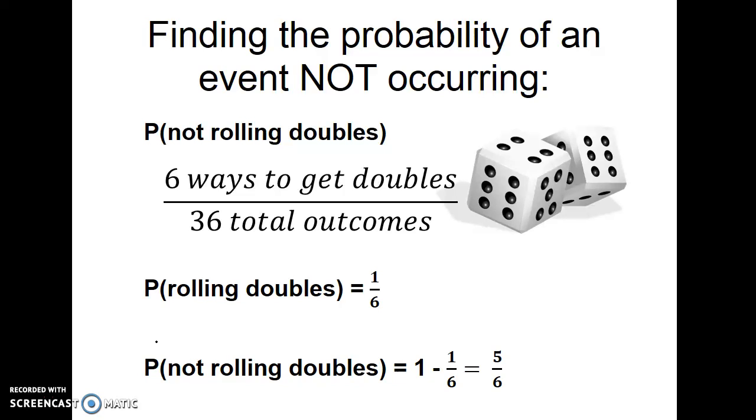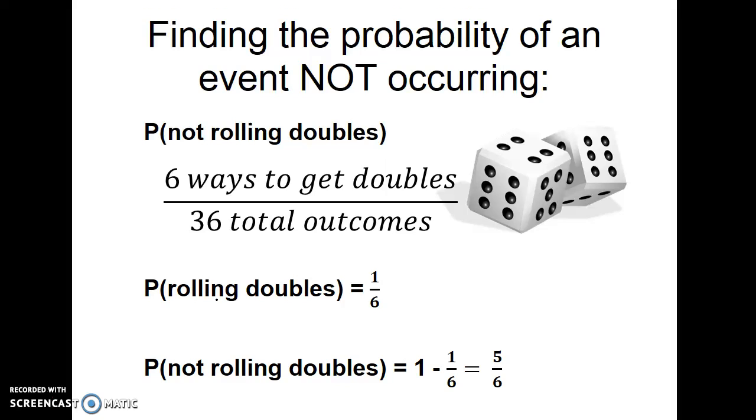So, in a nutshell, here is how you use the greatest probability to help you calculate the complement, so find the probability of an event not occurring. Let's say, for example, what's the probability of not rolling doubles? Well, first I've got to figure out how I can roll doubles when I roll 2 dice. There are 6 ways: 1-1, 2-2, 3-3, 4-4, 5-5, 6-6. So there are 6 ways to roll doubles, and there are 36 possible outcomes, because 6 times 6 is 36.